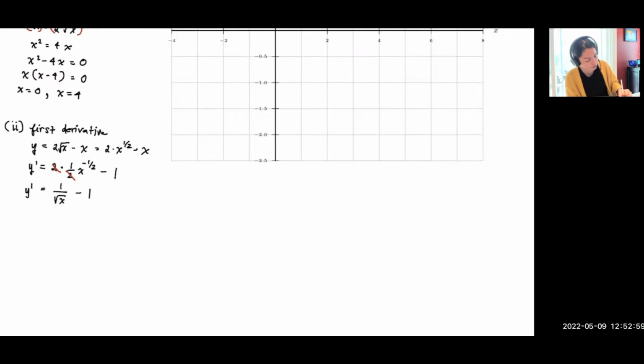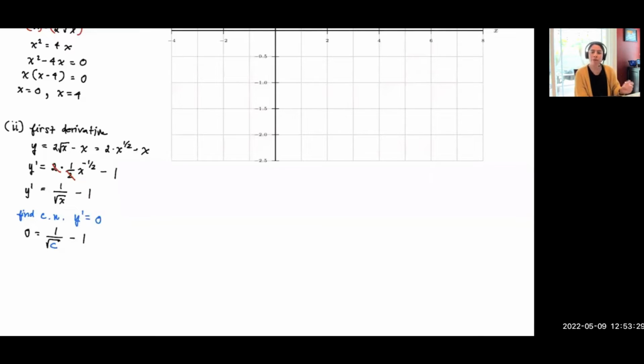So that's the first derivative. To find critical numbers, we have to set y prime equal to 0. So that means that we'll have 0 equals 1 over the square root of c, minus 1. And I like rewriting critical numbers with c only because it stands for critical numbers, but also it differentiates from my domain, my x values.